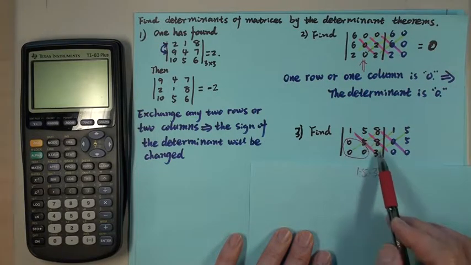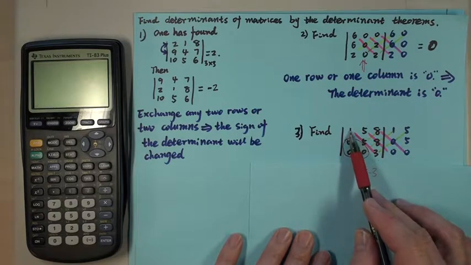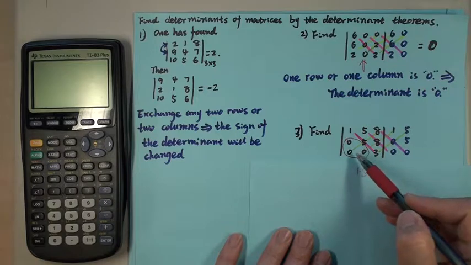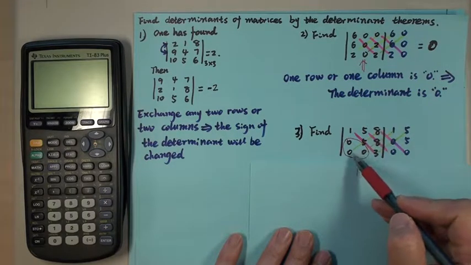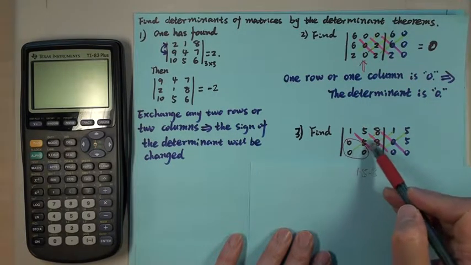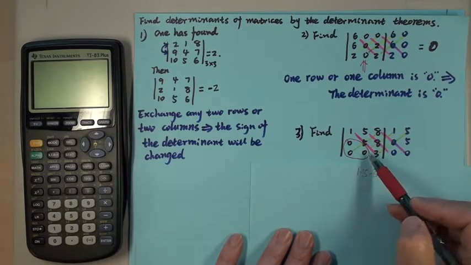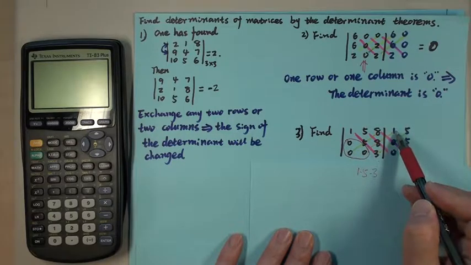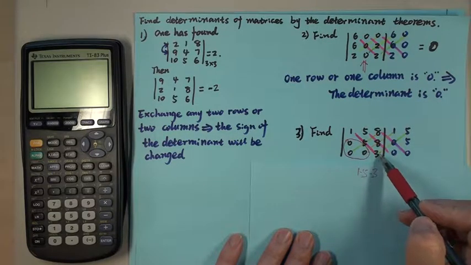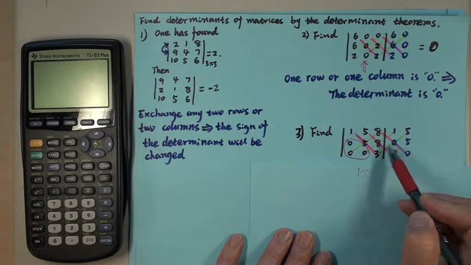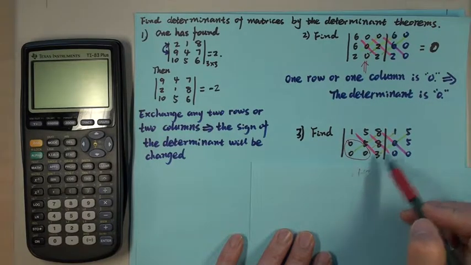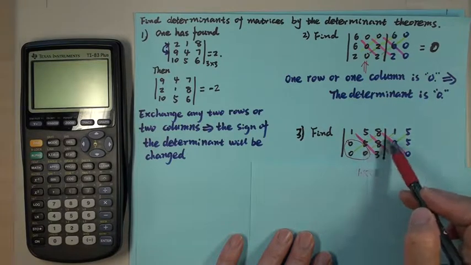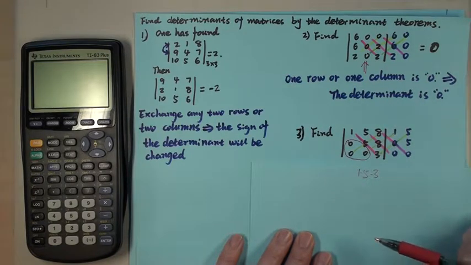So the red products end up with only the product of this diagonal line. For the yellow products, here is 0, so 0 times any number is 0, and the same for the other yellow ones. This 0 comes from here. So the yellow products are all zeros.